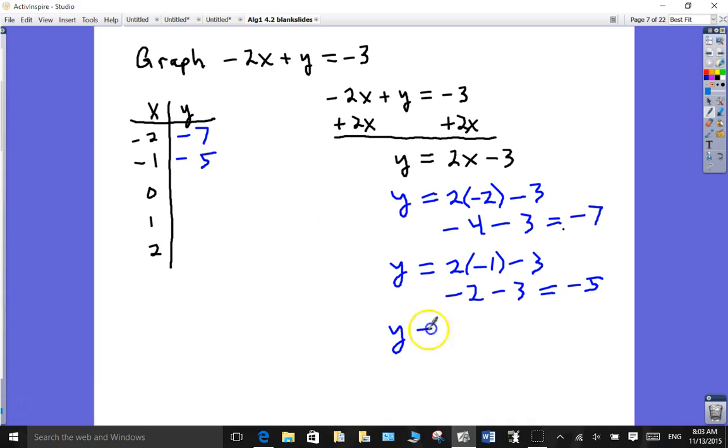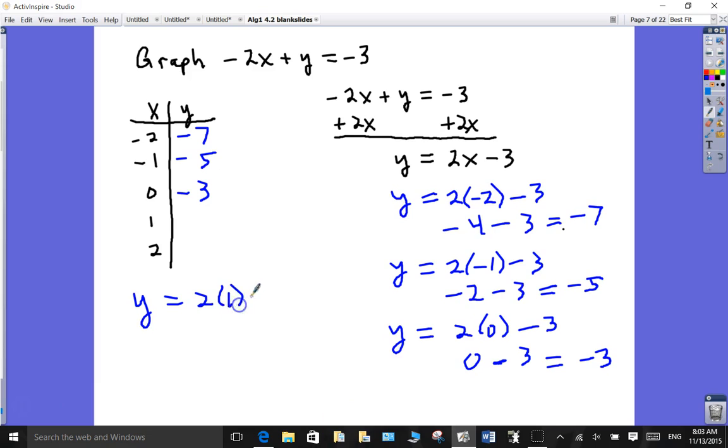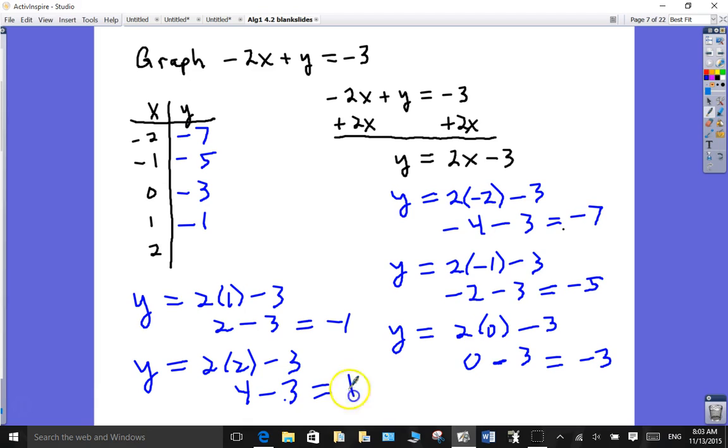Y equals 2 times 0 minus 3, which is 0 minus 3, which is negative 3. Y equals 2 times 1 minus 3, which is 2 minus 3, negative 1. And then y equals 2 times 2 minus 3, which is 4 minus 3, which is 1.